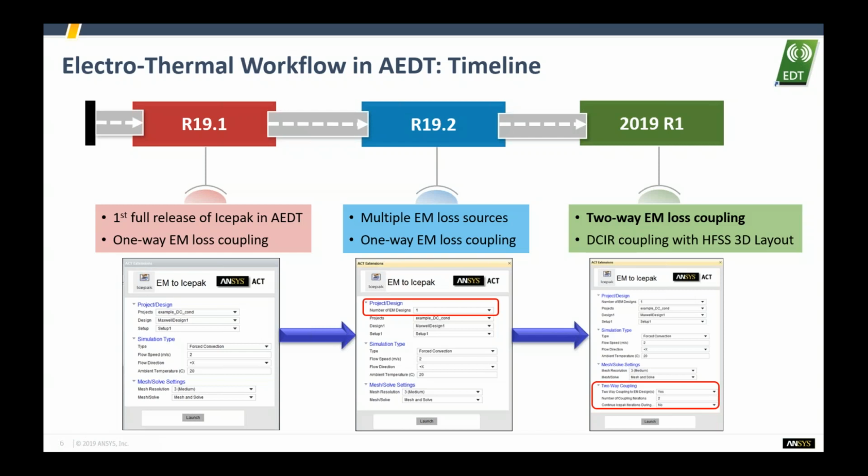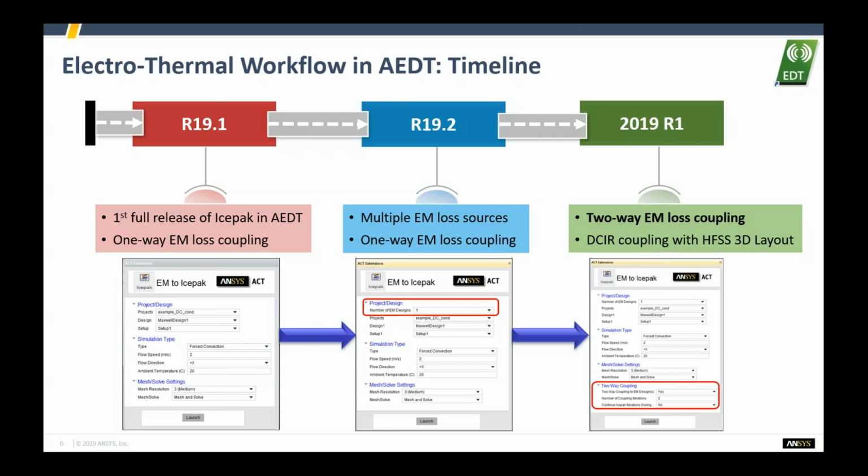Starting in R19.1, the first full release of IcePack in AEDT, it was only a one-way electromagnetic loss coupling.